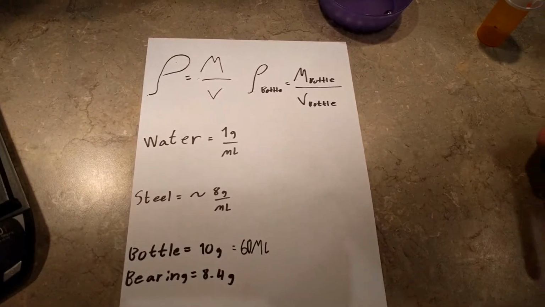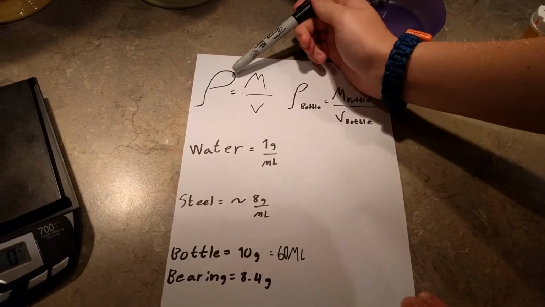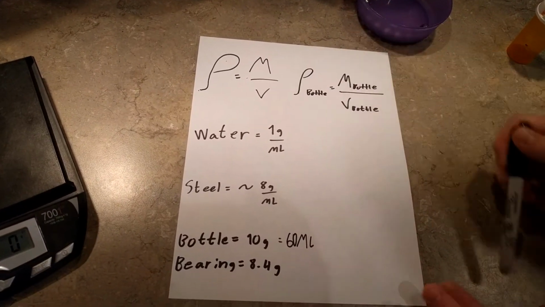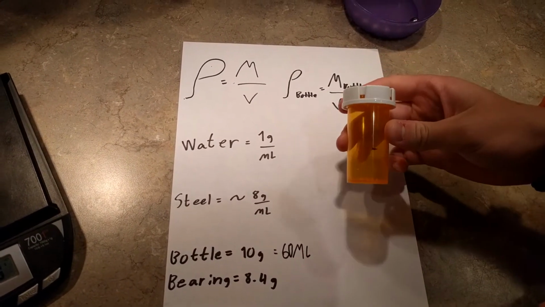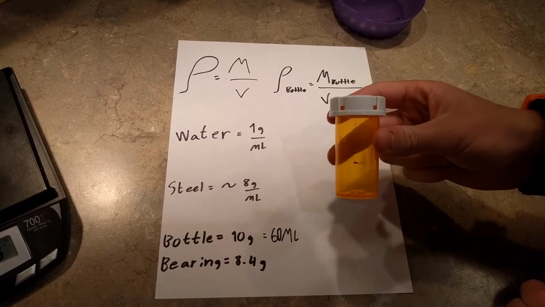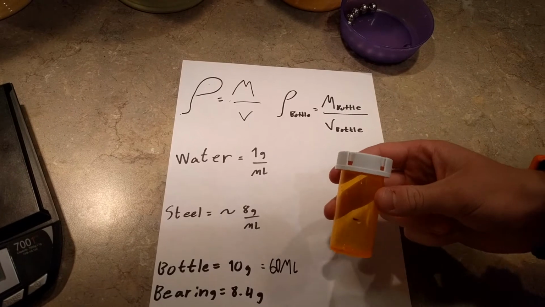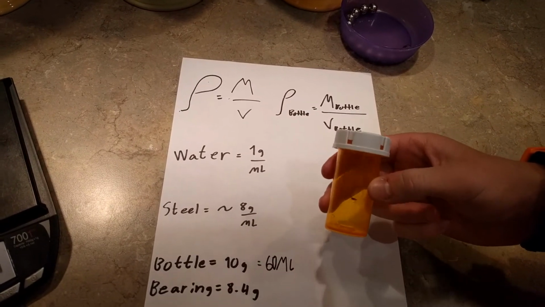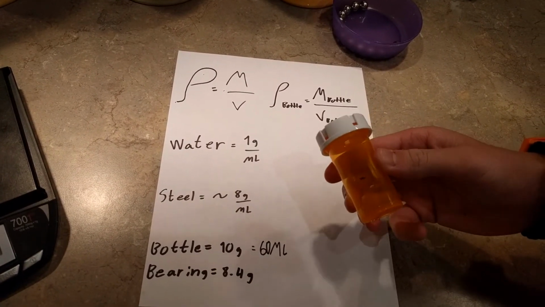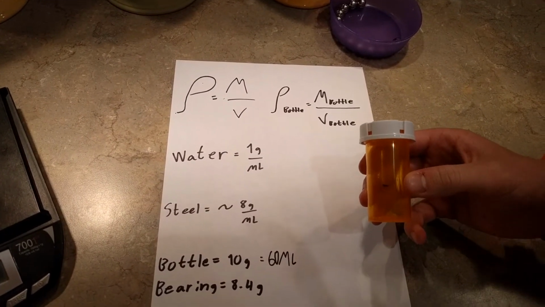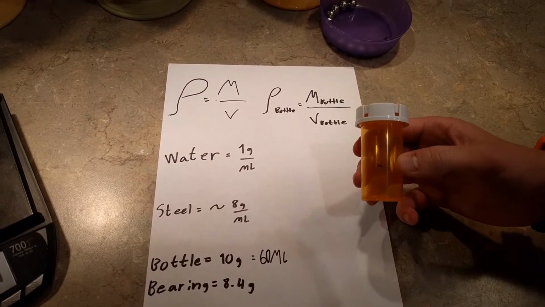Alright, so a little review of density. Remember, we use the symbol rho for density. It's just equal to an object's mass divided by its volume. So for the test container that I'll be using, this pill bottle with the label removed, its density is equal to its mass divided by its volume. Now because its volume is fairly irregular, has a lot of nooks and crannies, I've gone ahead and used water displacement to find its volume, and it's around 60 milliliters.